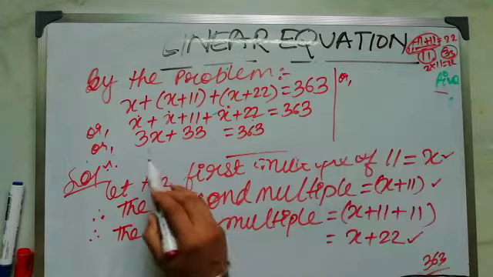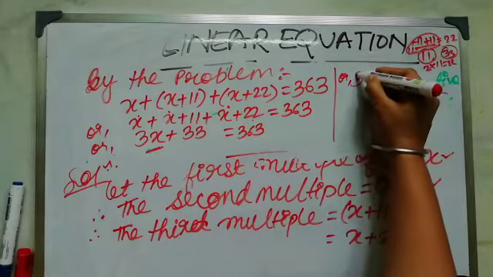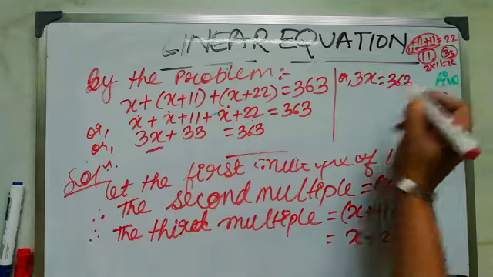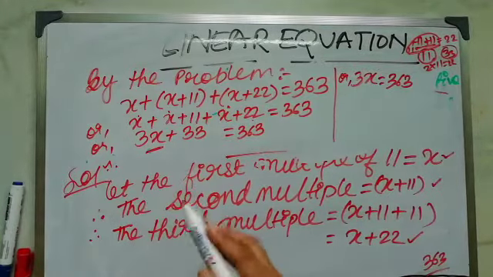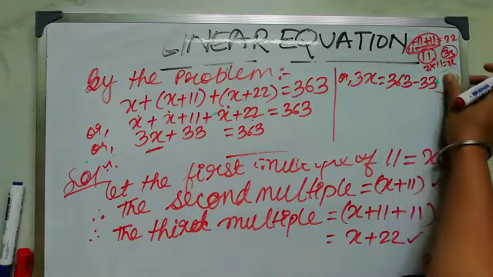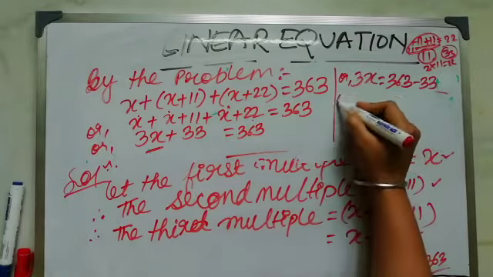Now see, I need to find the value of x. Remember in our last class I said the variable whose value we need to find, we will keep the variable all alone, so that using my transposing method I'll send this 33 here and its sign will change from plus to minus.